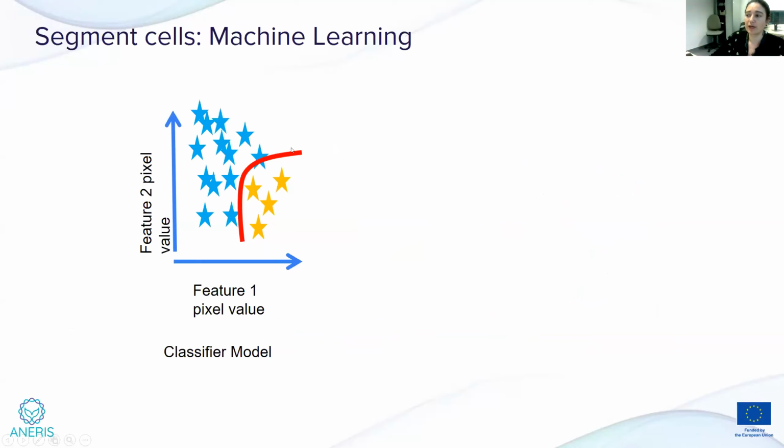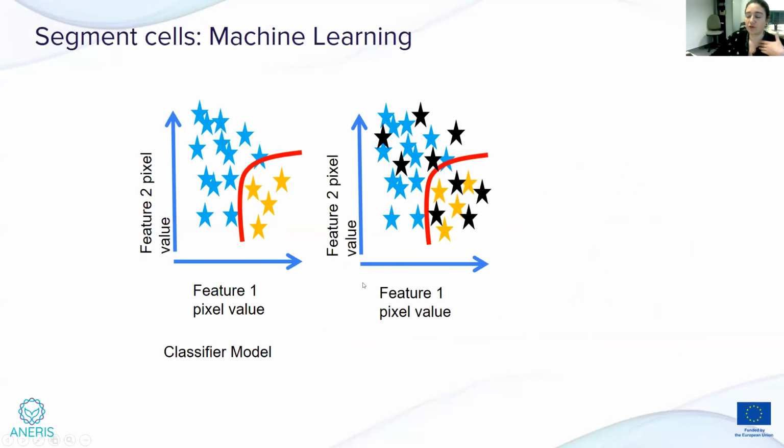So the white line here is basically the classifier, the domain definition. And then for any other new pixel of your image or in other new images, you will just apply the label to the pixel according to its position in this hyperspace.